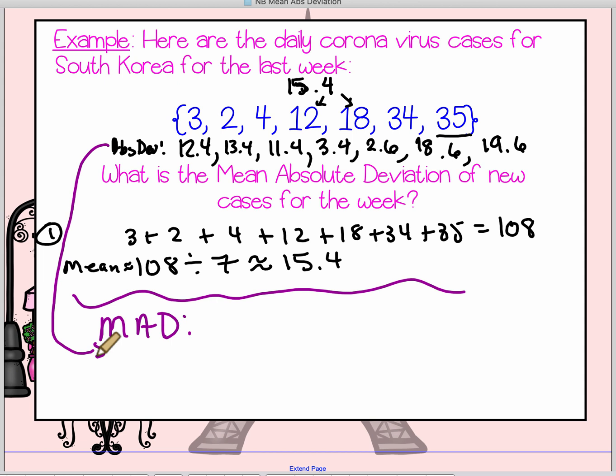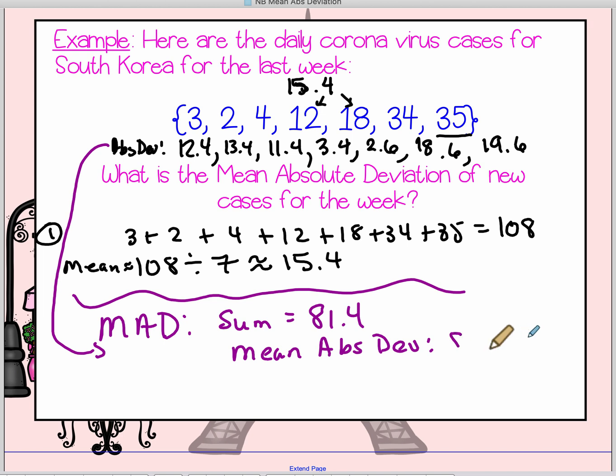So 12 and 4/10 plus 13 and 4/10 plus 11 and 4/10 plus 3.4, and I'm going to keep going. Okay, so I get the sum to be 81 and 4/10, and now I'm going to get the mean absolute deviation. It's going to be that divided by 7.